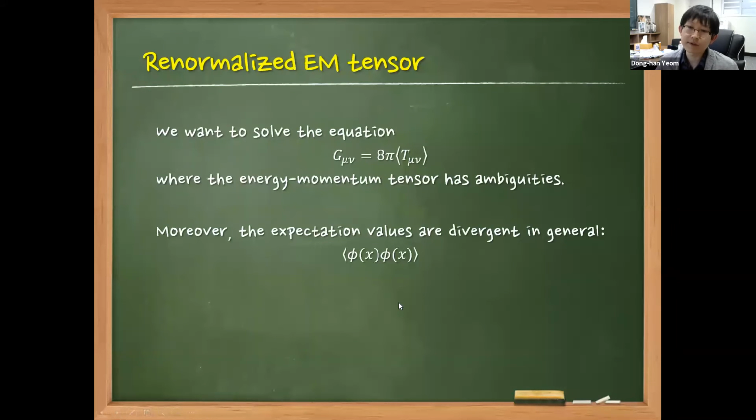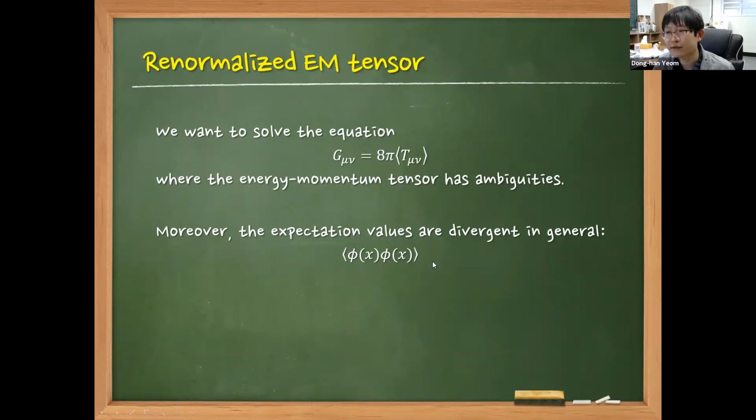The key point is the two-point correlation function. First you compute the two-point correlation function in the metric background, and by introducing several complicated derivations, you obtain a more complicated form of the energy momentum tensor. This is the basic strategy.